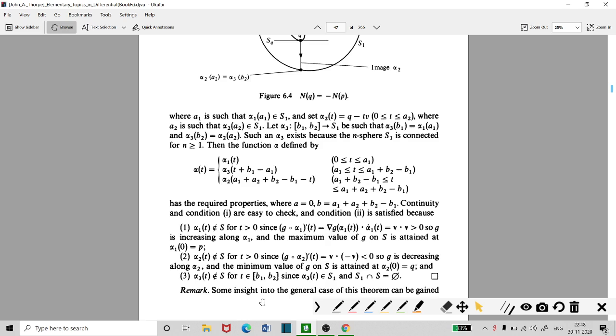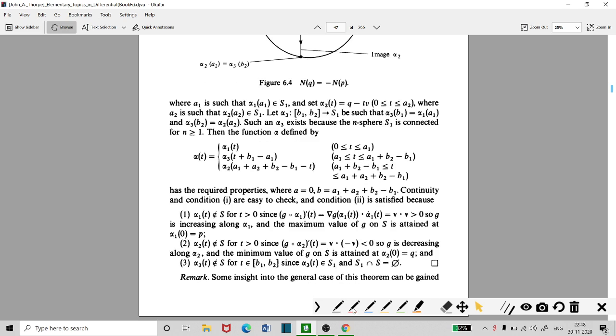The first two conditions are very easy to check. Alpha of 0, alpha of a, that is 0 here. Alpha of 0 is alpha 1 of 0, and alpha 1 of t is equal to p plus tv. Then alpha 1 of 0 is equal to p.